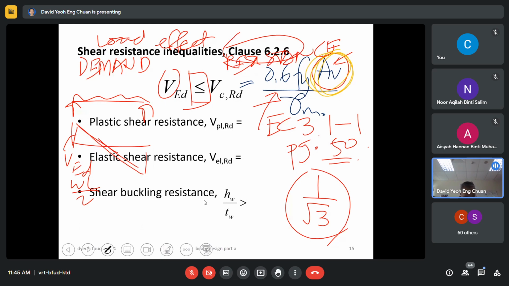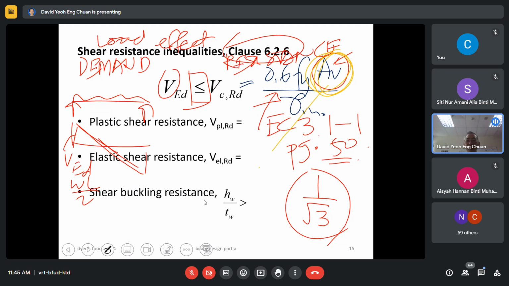Shear area. Okay. How do we get this shear area? Refer to the code of practice.